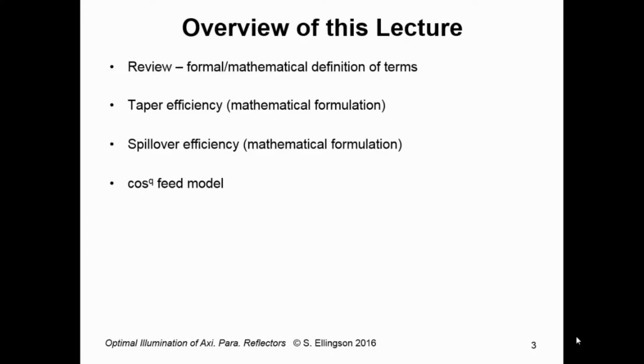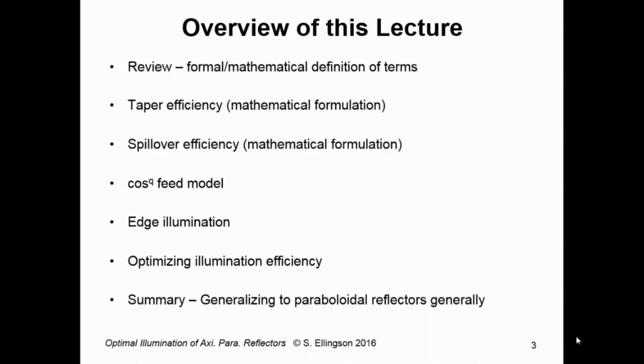Then to do an example, and to get a feeling for how these things work, we'll need a feed model. And the feed model we'll employ is called the cosine Q feed model. Then we'll address the concept of edge illumination. This will finally put us in position to discuss how to optimize the illumination efficiency. And then finally we'll summarize, and we'll see how this applies to paraboloidal reflectors generally.